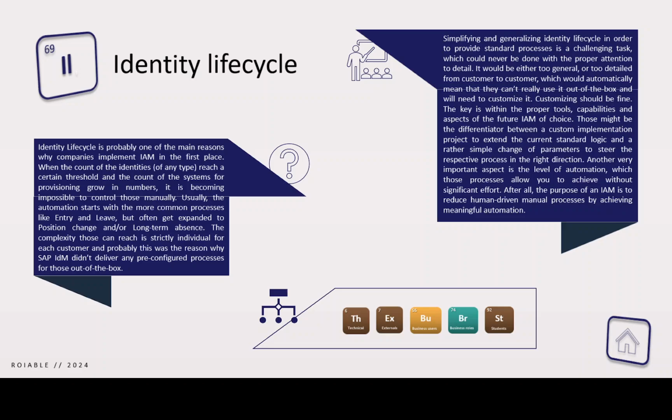And when we describe what exactly the identity lifecycle is, we start with basic and simple examples like hire, fire or leave, rehire, position change, department move, company restructuring, long-term absence. All of those processes are part of the identity lifecycle, and the implementation of any IAM solution should be able to provide those as a part of the basic portfolio.